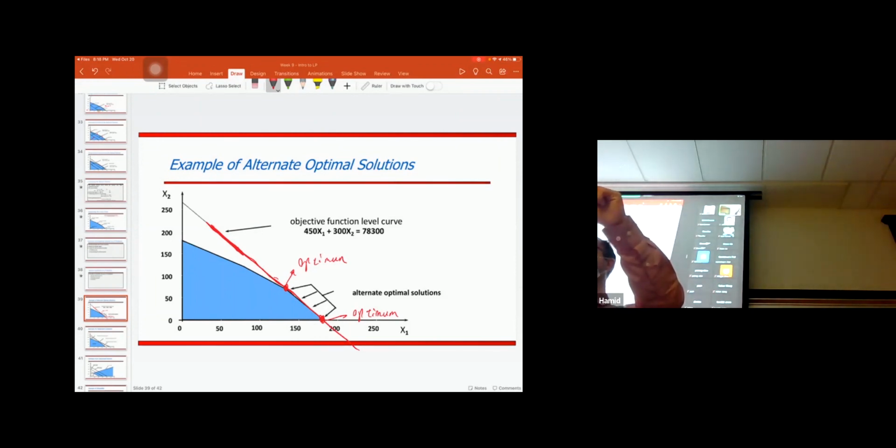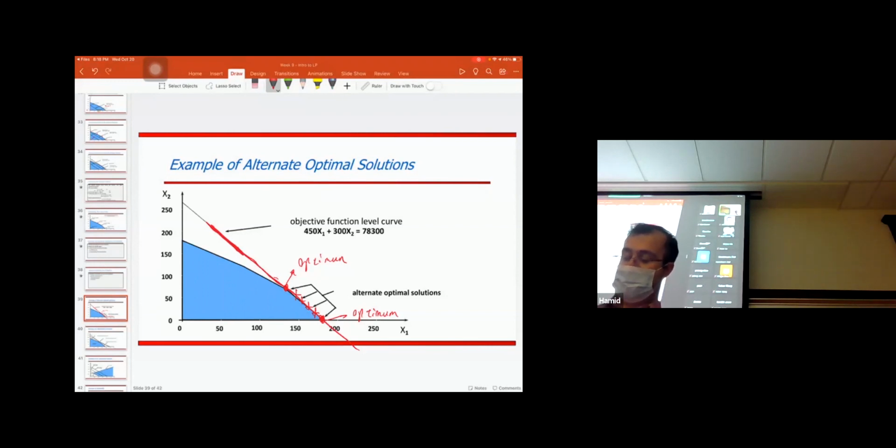In the new problem I'm talking about here, two ends of a line have the optimum answer. Since two ends of a line have the optimum answer, all the points on this line have the optimum solution. In the previous case, you just had one point as the optimal solution, but here you have an infinite number of optimal solutions. It could happen sometimes.